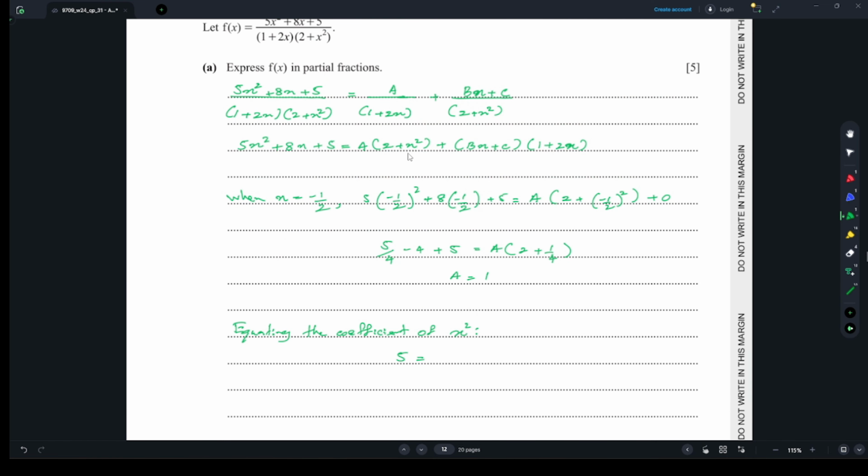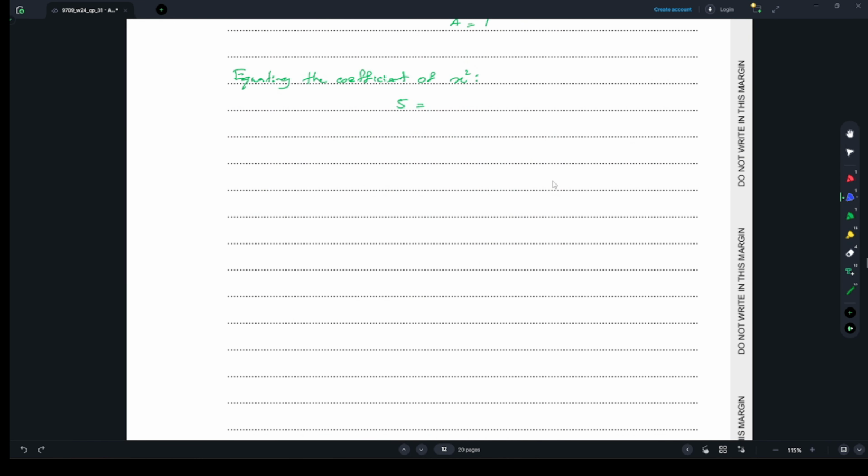And in the right side, you will have one x squared with this one and another x squared with this, right? So we have a, because here a x squared, and here you have 2b x squared, so it's 2b. Okay, so I can write 5 equals a plus 2b. Then I know the value of a is 1, so b is 4 divided by 2, which is 2.